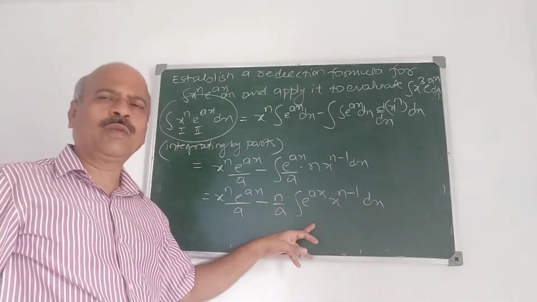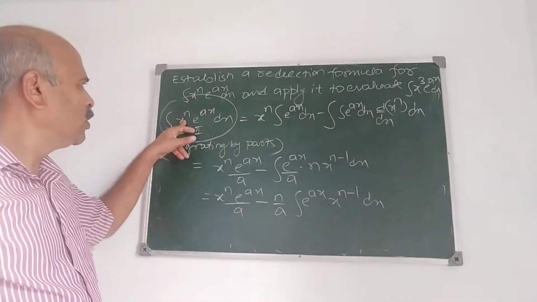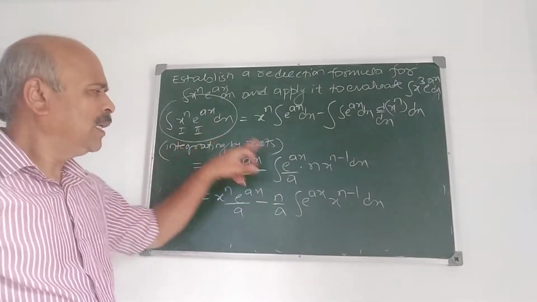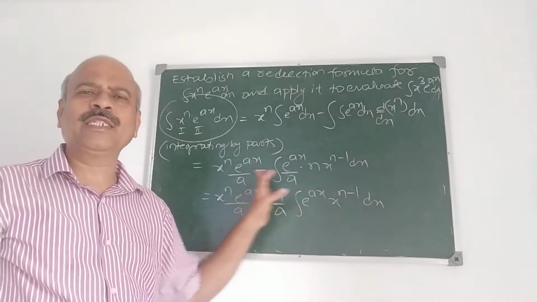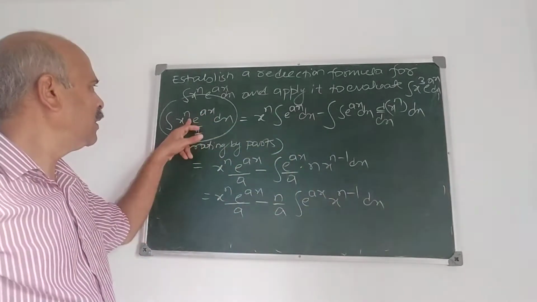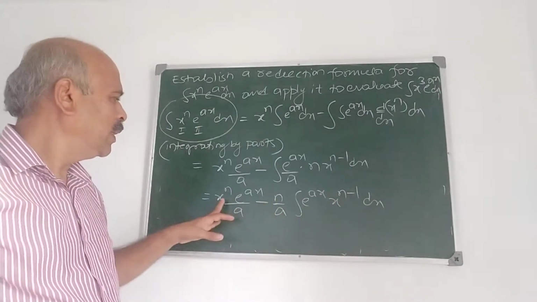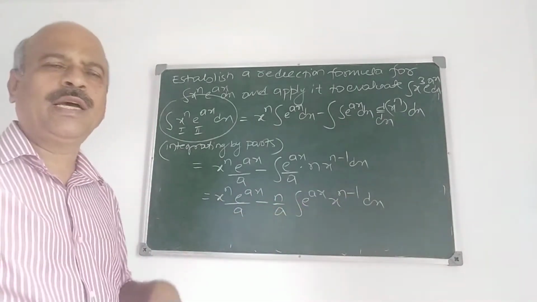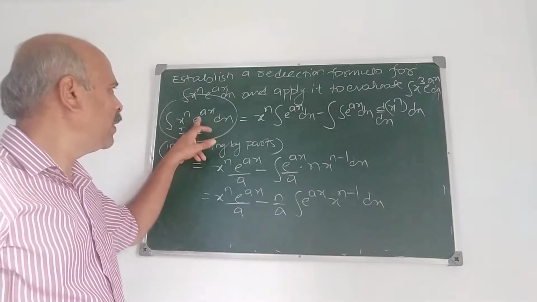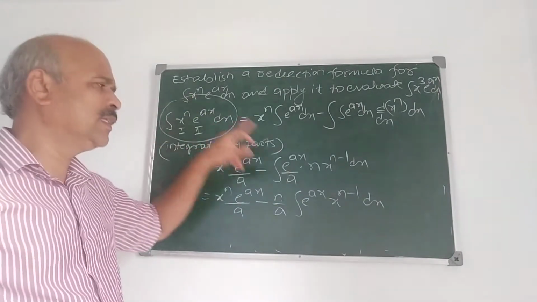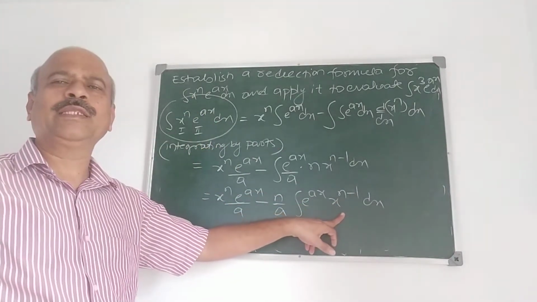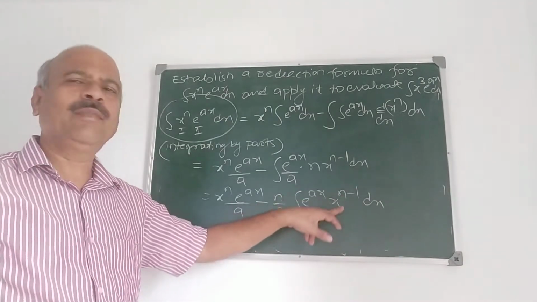Why it is a reduction formula? Because integration of x raised to n e raised to ax is expressed in terms of n minus 1 less. Here n is there, n minus 1. Now hence it is called reduction formula. This is simpler than the given, because here x raised to n is there, but we have expressed that same integral in terms of n minus 1.